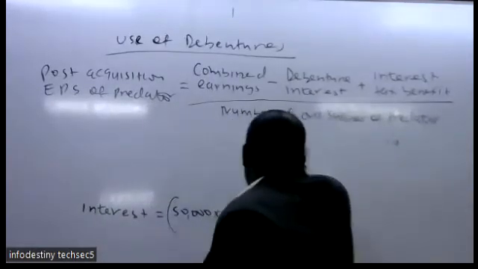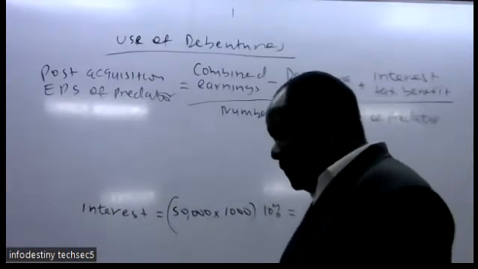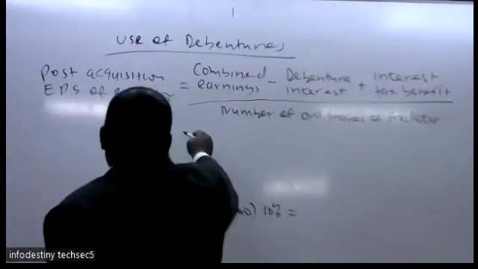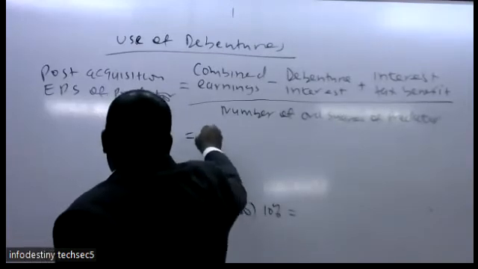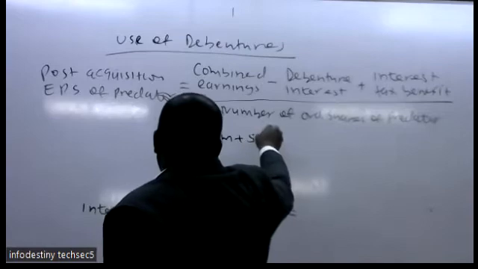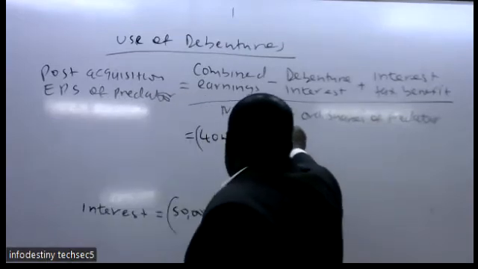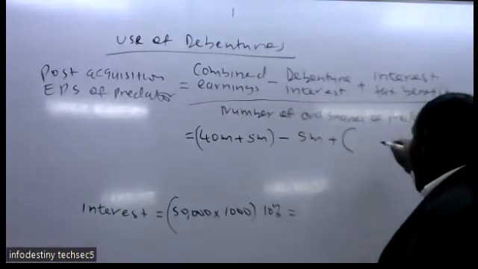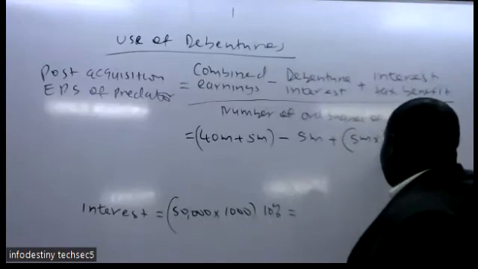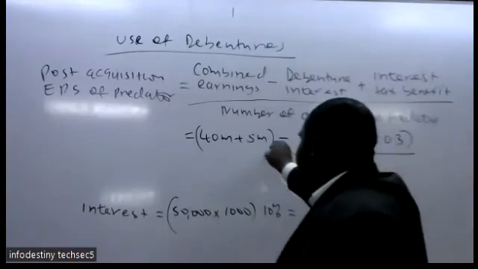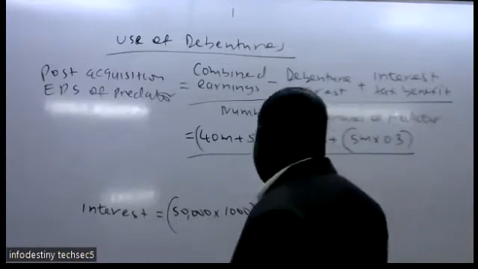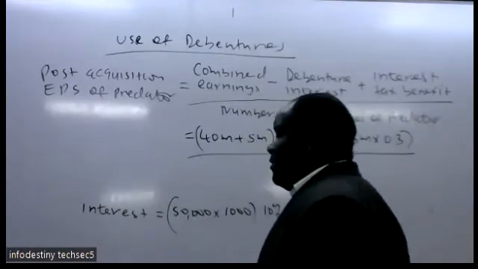So once we have done that, we can now come back up here. Combined earnings, we know the values. We simply add 40 millions plus 5 millions. You subtract interest, that said is 5 millions. Then interest tax benefit, it is 5 million multiplied by the corporate tax, which is 30%. Number of the ordinary shares of the predator, there were 10 million ordinary shares, so divide by 10 million ordinary shares.